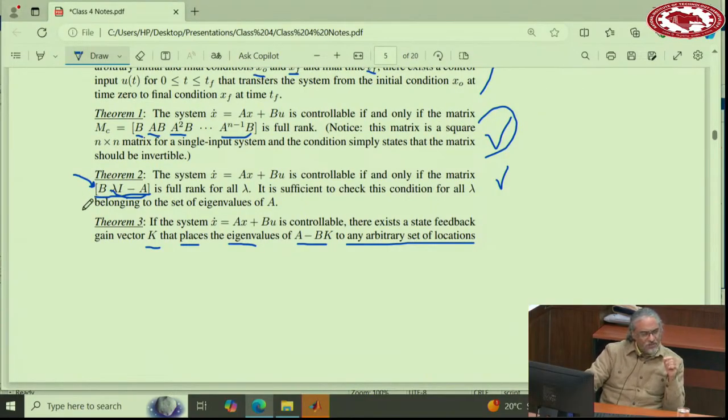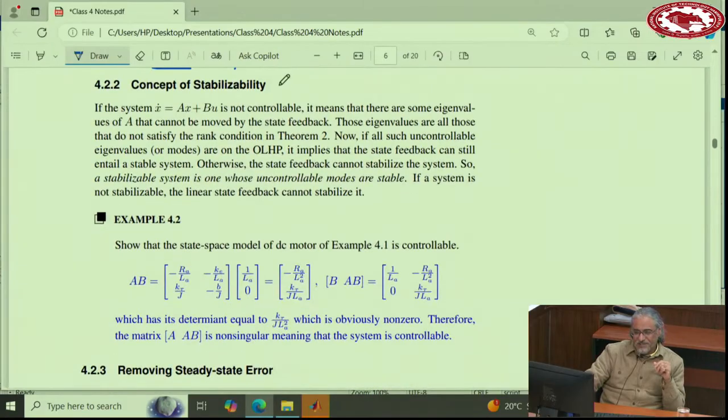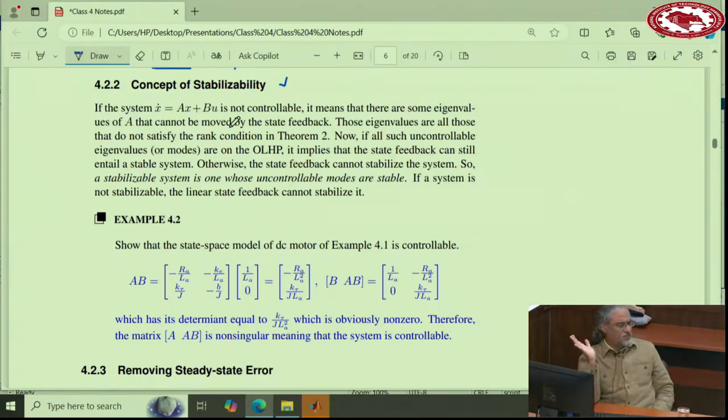Now, if that eigenvalue is already in the stable region of the complex plane, you say, all right, I cannot move this one, but I can move the others. But if it turns out that the one you cannot move is on the right side of the complex plane, which is unstable, this is the worst case scenario. State feedback cannot solve your problem. This is the concept of stabilizability. If there is an eigenvalue which is on the right side and is not controllable, we say this system is not stabilizable using a state feedback.